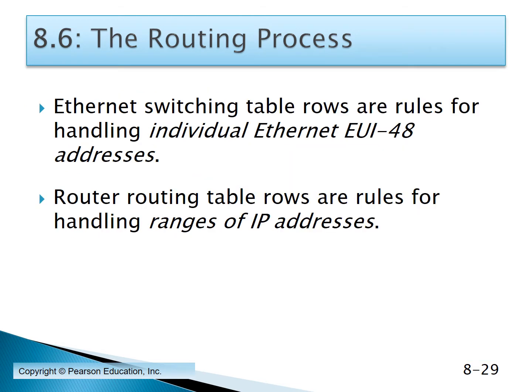So Ethernet switching table rows are rules for handling individual Ethernet EUI-48 addresses, again individual specific hosts. And in a router, the routing table rows are rules for handling ranges of IP addresses. So these are the major differences between these two.